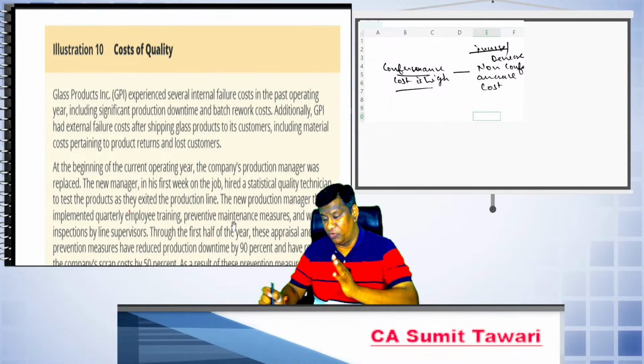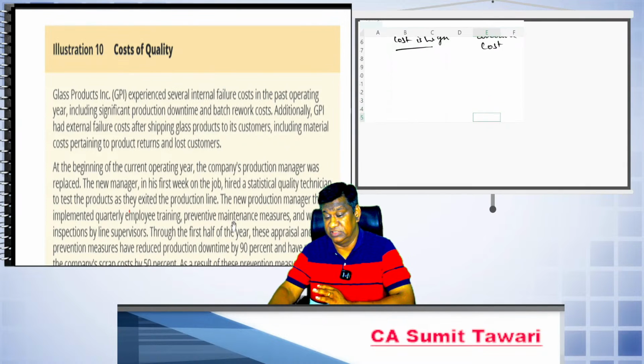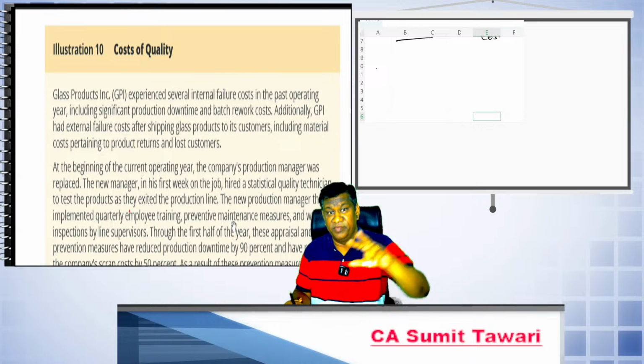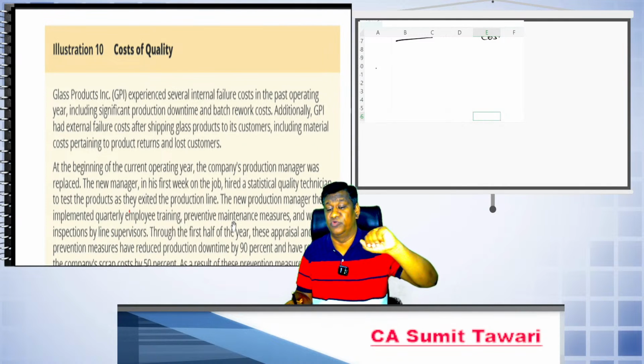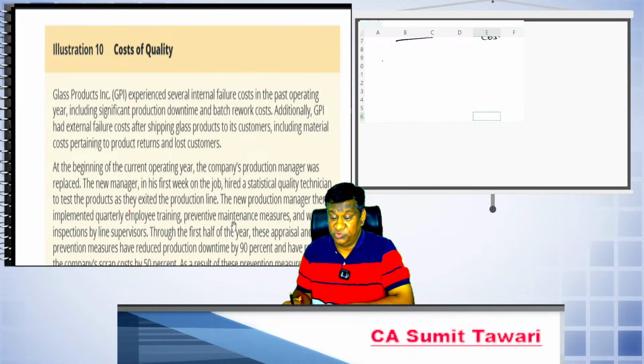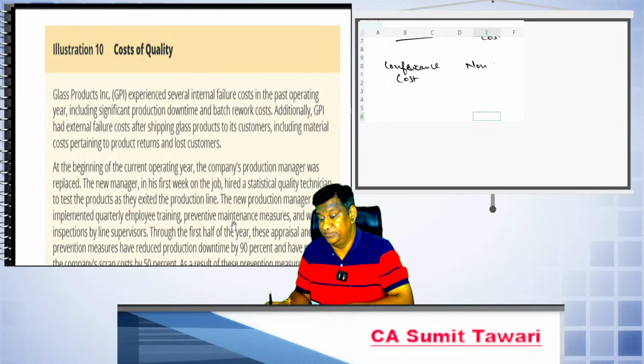See how we are going to consider it here. In this example there are two situations: how the earlier manager handled it and how the successor manager handles it. There is a conformance cost and a non-conformance cost.